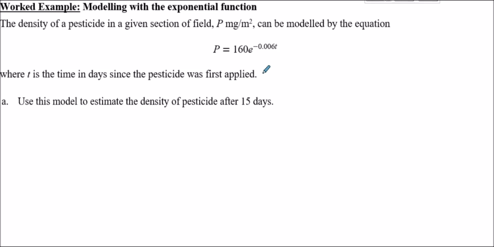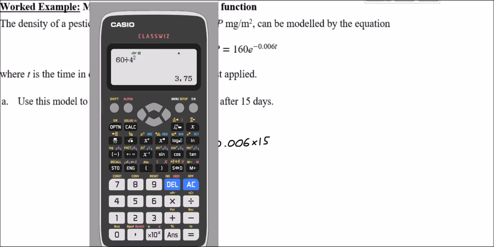So first we need to use this model to estimate the density of pesticide after 15 days. This is dead simple, unless you panic. 15 days, t is a time in days. So all we need to do is sub in that t equals 15. So P is going to be 160 multiplied by e to the minus 0.006 times 15. So let's try that, see what our calculator spits out at us.